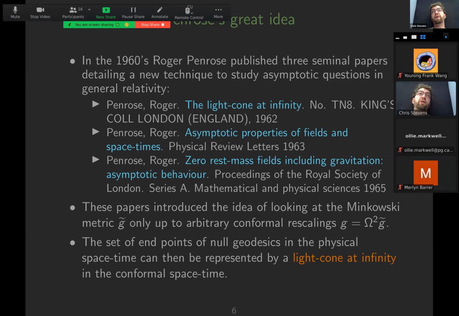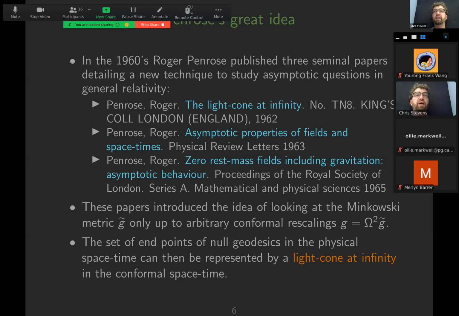But assuming you can do these 1/r expansions out to infinity, then you can look at the limit as r goes to infinity, and the coefficients of the expansion give interesting information. That also depends on coordinates, right? What is r? It's a coordinate. You've already fixed your coordinates in some way.